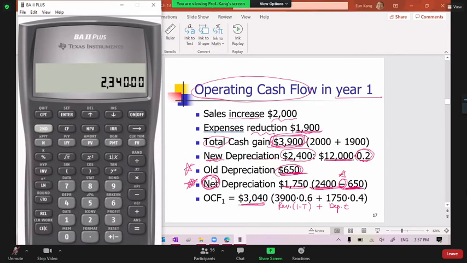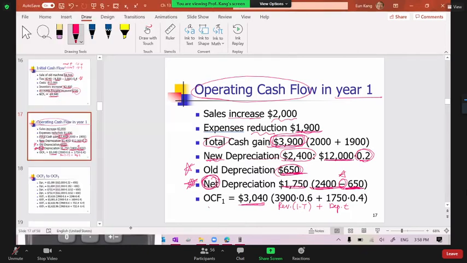So store that as 1. Then the plus 1,750 depreciation times 0.4 tax rate, 700. So 700 plus 2,340, we get 3,040. Yeah, this is just this one. Okay, that is. Oh, okay.